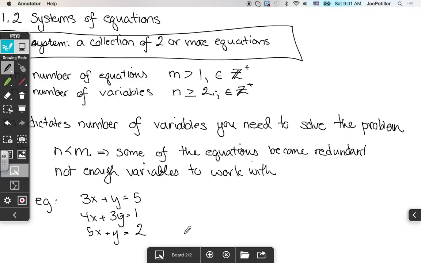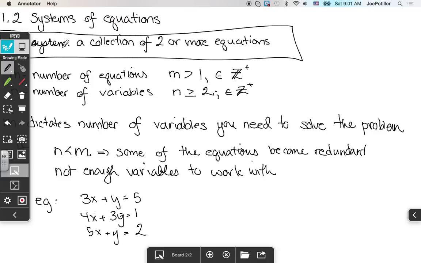In this situation, I have 3 equations, but I only have two variables to work with. Right? I can get rid of one equation and simply eliminate it into 2 and then work with that.